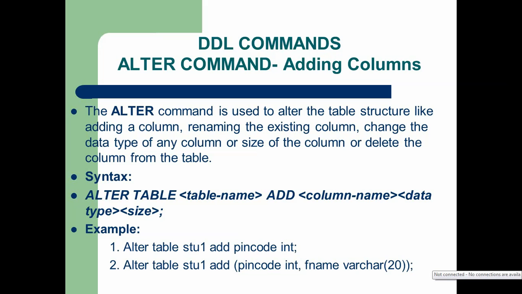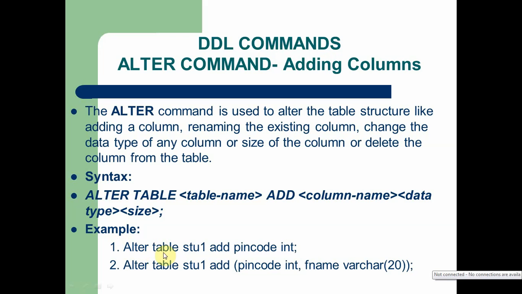Here you can see the syntax: alter table, you give the table name. The add keyword is used to add a new column to an existing table. So alter table, table name, add column name, data type, size, and then put a semicolon.